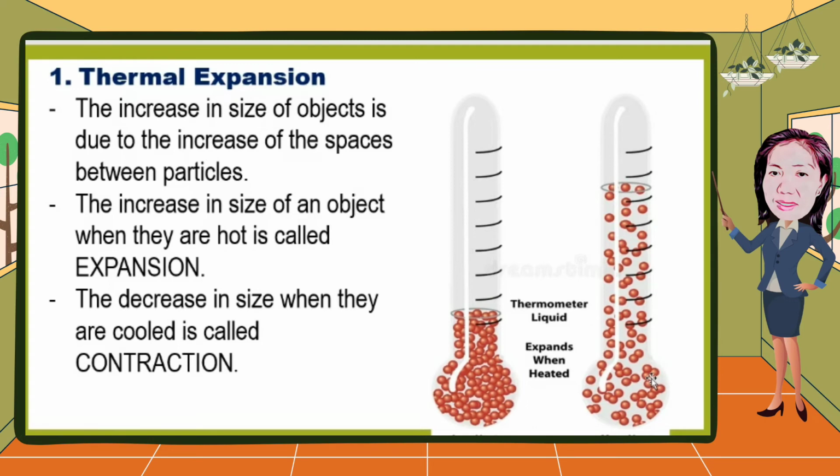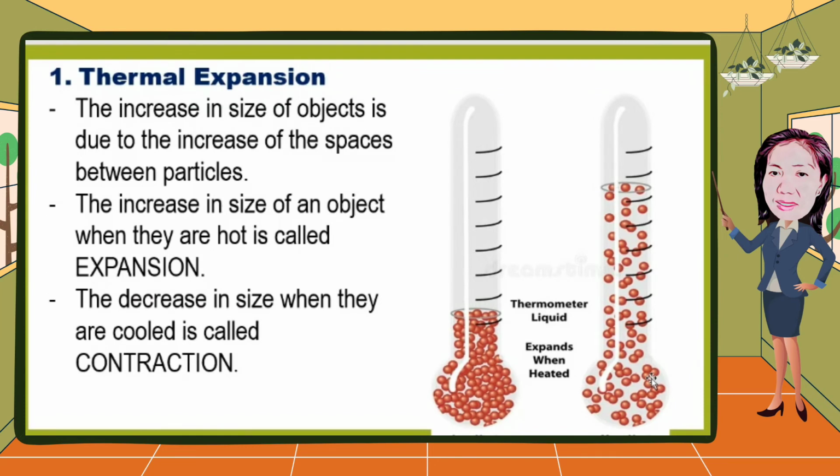So, the increase in size of the object actually is due to the increase in the space, increase in the volume between particles. And the increase in size of an object when they are exposed to a very high temperature or a greater heat is what we call as expansion.